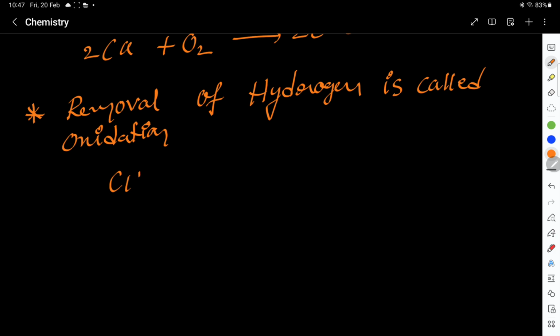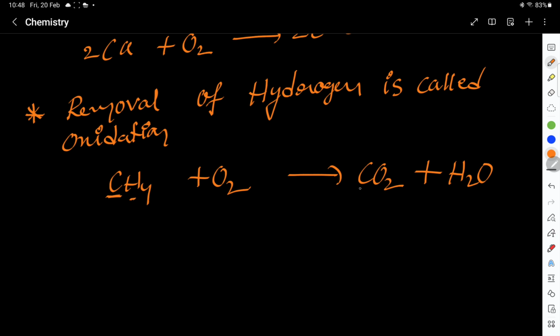Now, see this. CH4 plus O2 gives rise to CO2 plus H2O. In this particular reaction, carbon is associated with hydrogen. Now here carbon is associated with oxygen. We removed hydrogens from carbon. Therefore, this process is an oxidation process.